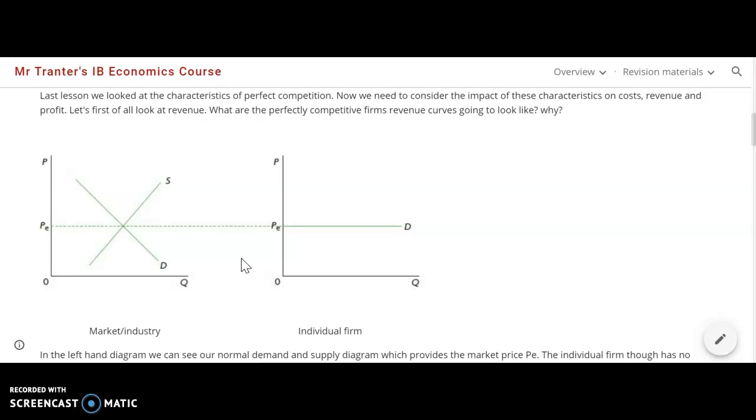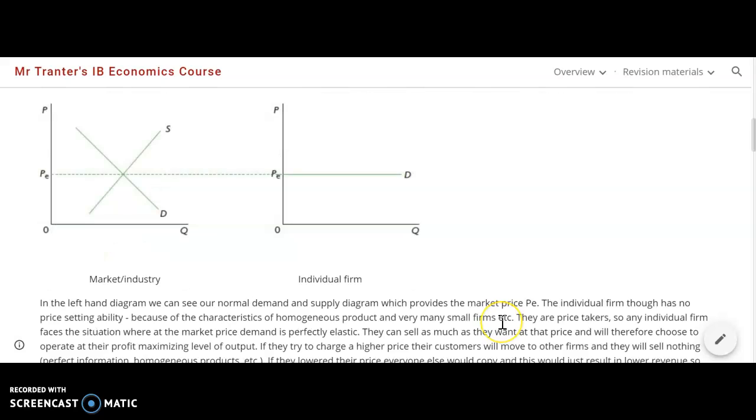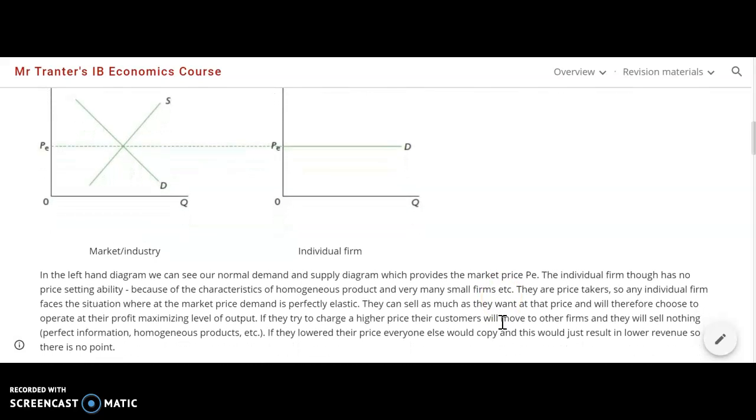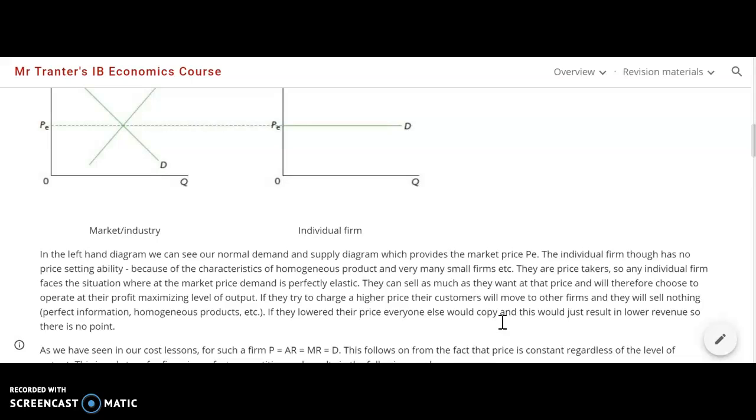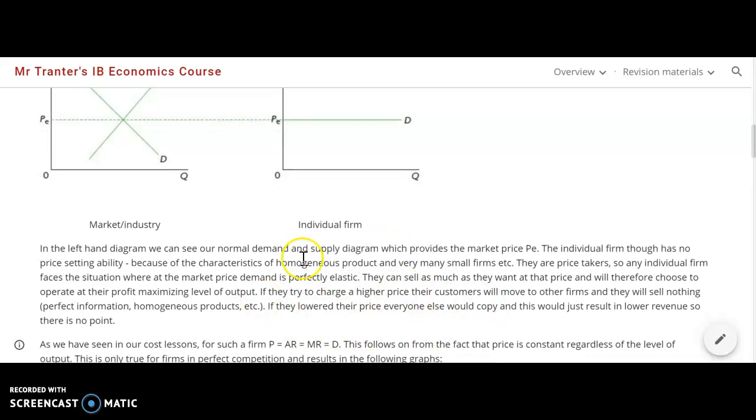Because the firm is a price taker, it can sell as much as it wants and charge the same price because it is such a small part of the overall market. So that explanation you'll just see there below the diagram.